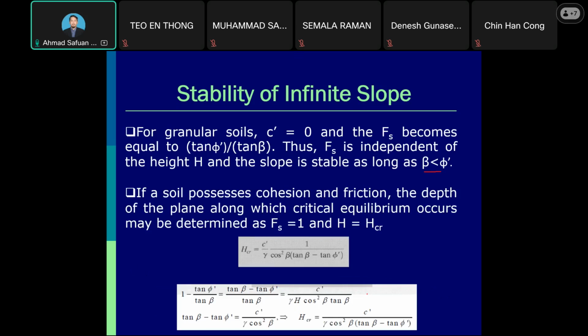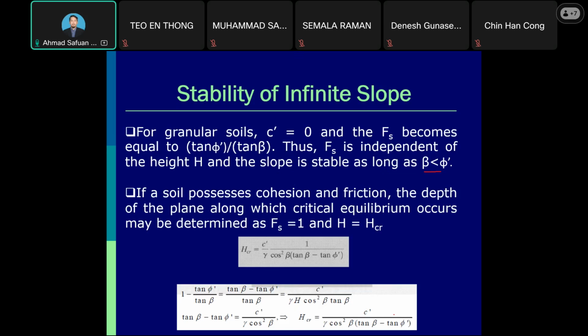From there we can get the critical height. So this is the example of the derivation, where we assume the factor of safety is equal to 1.